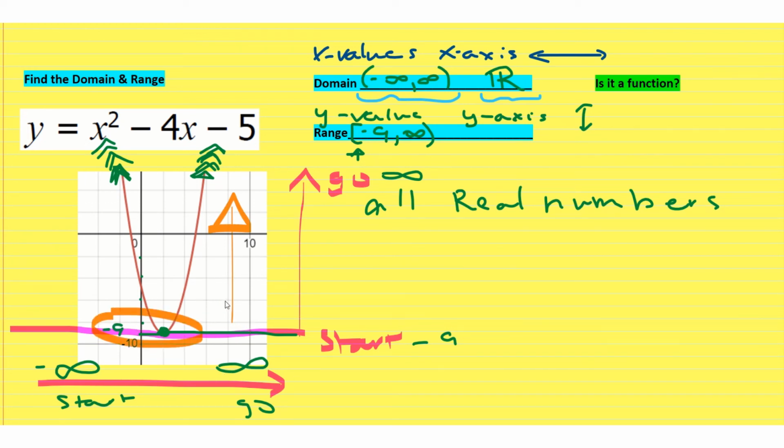They're not going to be below it. They're going to be above that -9. So I could write this answer in interval notation, -9 to positive infinity, or I can say that my y values are greater than or equal to -9.